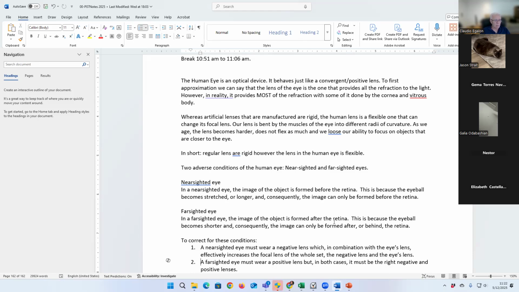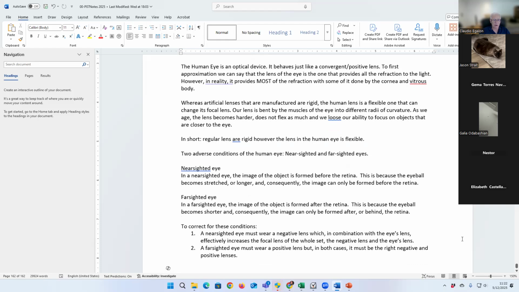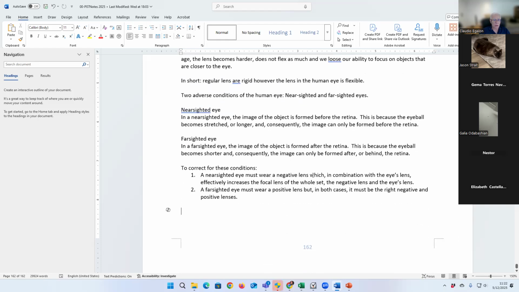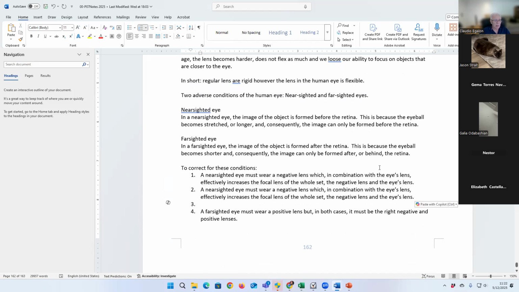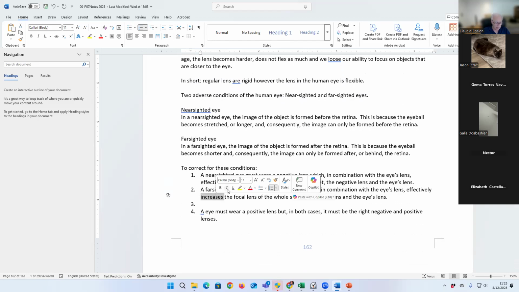A far-sighted eye must wear a positive lens. Okay, in both cases, let's write that down here. I'm just going to copy this template, right? A far-sighted eye must wear a positive lens, which in combination with the eye's lens effectively shortens the focal length of the whole set.